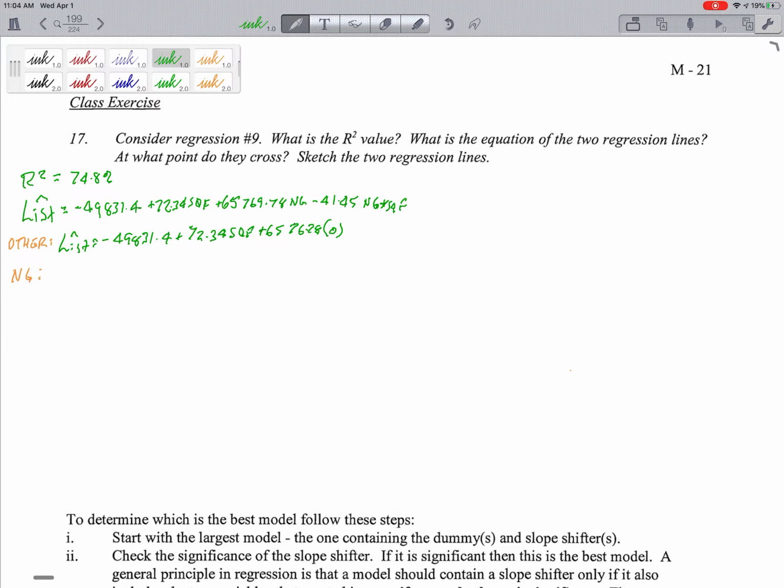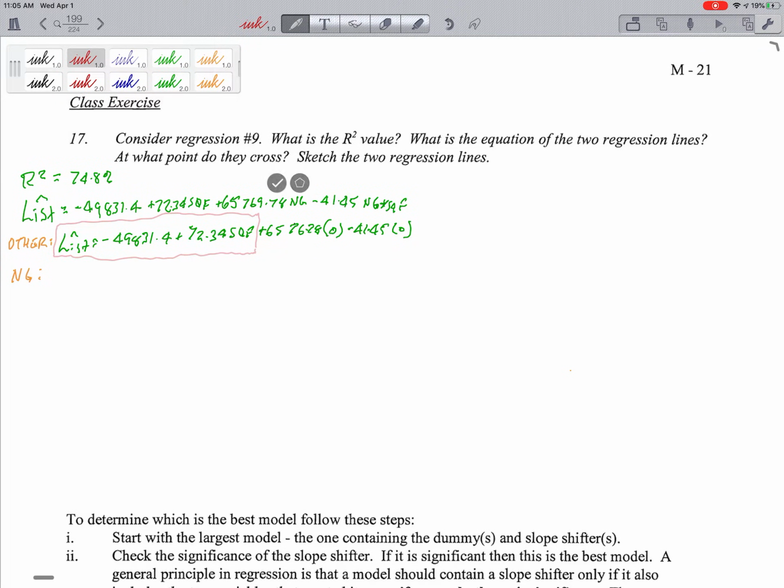When NG takes on a value of 0, when it's other, minus 41.45 also times 0. Remember we said that those values blank out because it's NG times SQF. So what we're left with then is just these first two terms, which is the line for other.